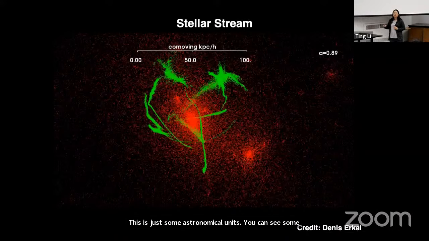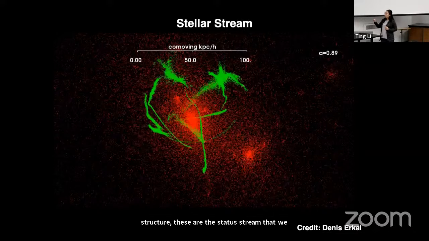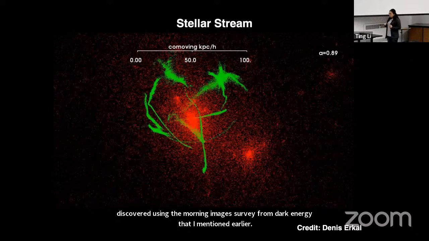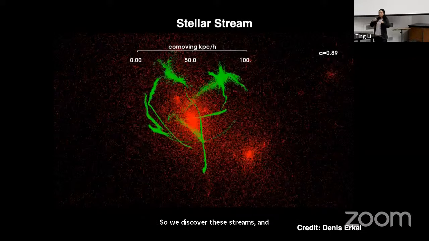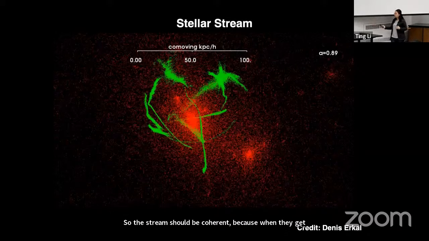And these linear structures are the stellar streams that we discovered using the modern imaging survey from the Dark Energy Survey that I mentioned earlier. So we discovered these streams. And what's the unique thing about the stream? The stream should be coherent, because when they get tidally disrupted and form this kind of linear structure on the sky.